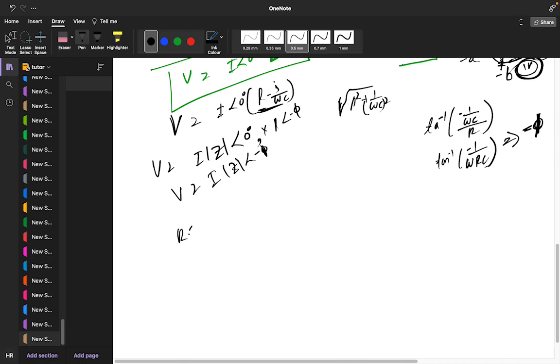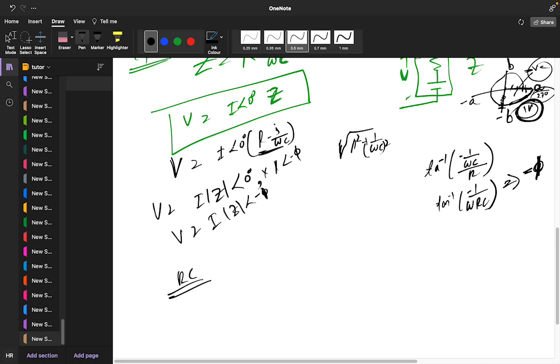For an RC network, if you have a current I at an angle 0 degree, and this is the reference only, what voltage are you getting? Some negative angle, and negative represents the lagging part.